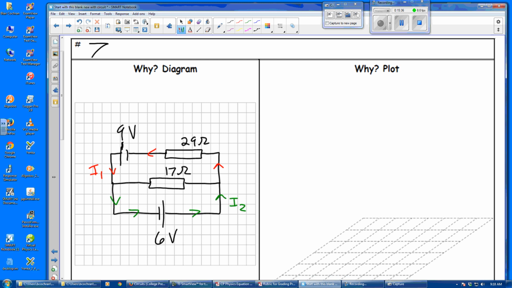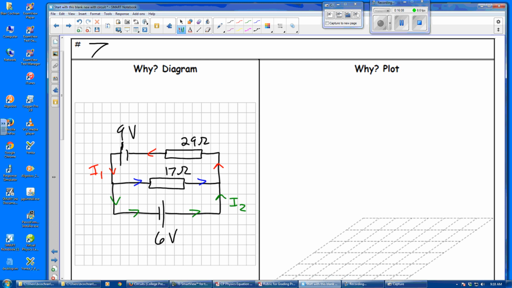I'm not really sure which direction it's going to go, but I'm going to look at my junction and say, okay, in that right-hand junction, does one of my currents go in and one of my currents come out? And the answer is yes. So I can either have my I3 going into that junction, going left to right, or I can have it going right to left. Which way do you guys think? I'm going to pick left to right.